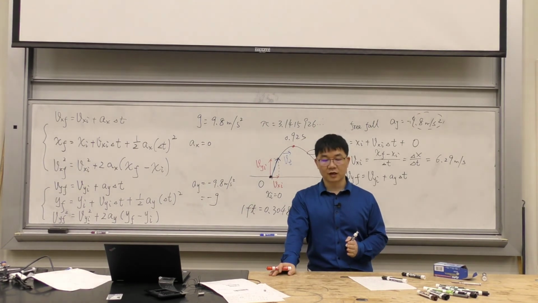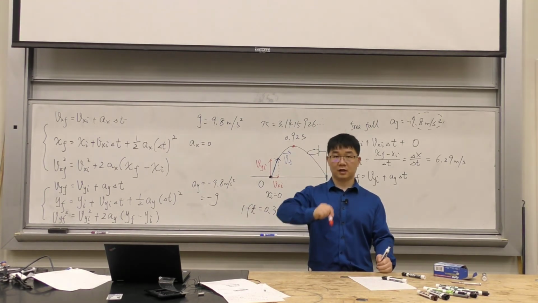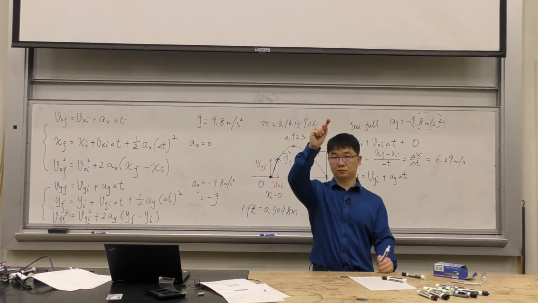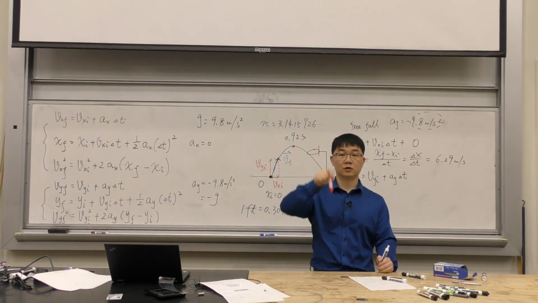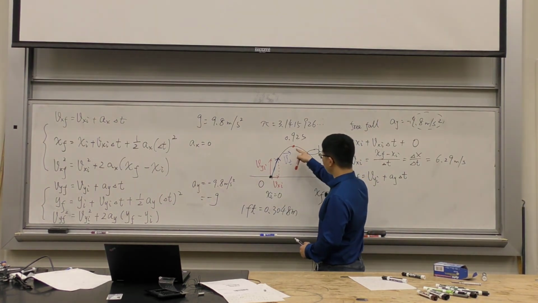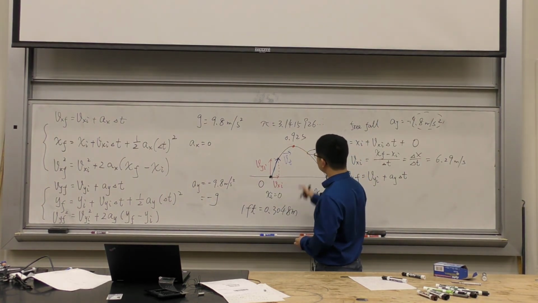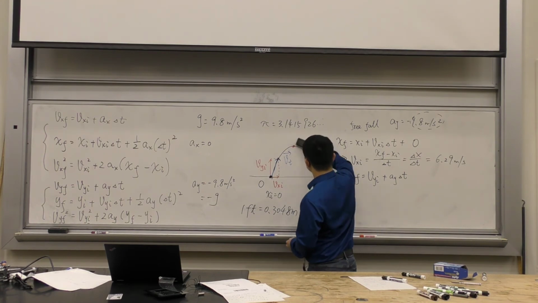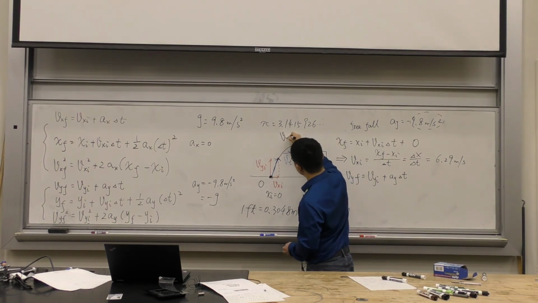In the y direction, it's just a free fall, so it goes like this. What is the velocity at the top? 0 in the y direction, right? In the x direction, it still has this velocity, but in the y direction, it's going to be 0. So Vy at the top is going to be 0.